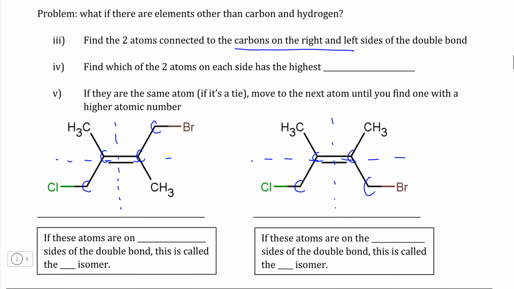Now, the next thing that we need to do, once we consider each of the carbons on both sides of the double bond, we need to look to the atoms that these carbons are connected to and find which atoms these carbons are connected to have the highest atomic number. What exactly does that mean? Well, this carbon is connected to another carbon that has the atomic number 6.